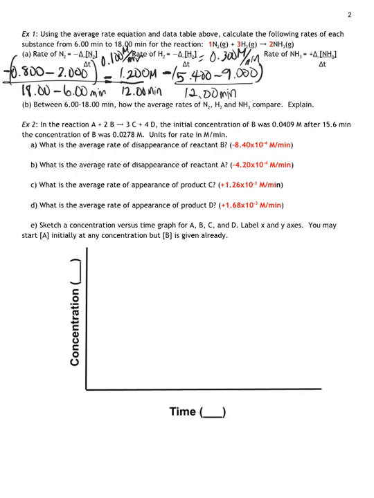Now I do the last calculation, which is the ammonia. The concentration of ammonia at 18 is 6.4, minus the concentration of ammonia at 6 minutes, which is 4.00.